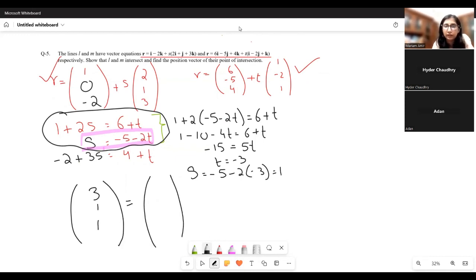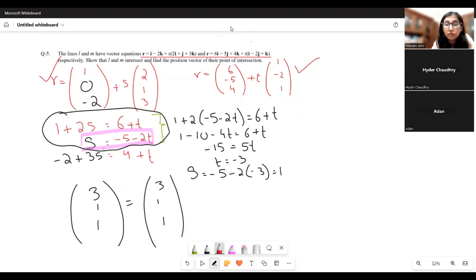Let's check the right hand side. t is -3. So we get 6 minus 3, which is 3. And then we get -5 plus 6, which is 1. And then we get 4 minus 3, which is 1. So the point of intersection is 3, 1, 1.